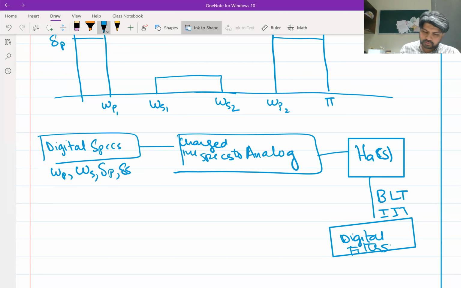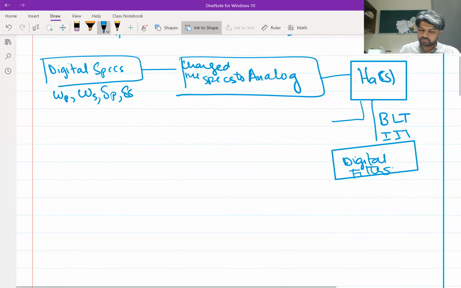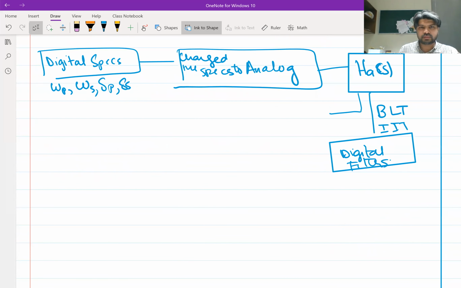Now if you want to convert that, how can we go about this? We can first convert, for example, this low pass analog filter into another type of filter and then convert it back to digital. That can be one option. But the option that we would study today is digital to digital transformation.